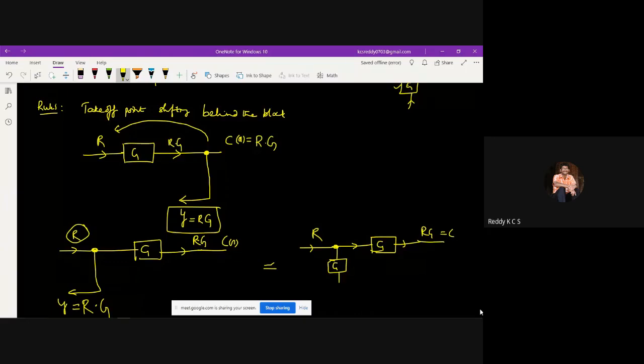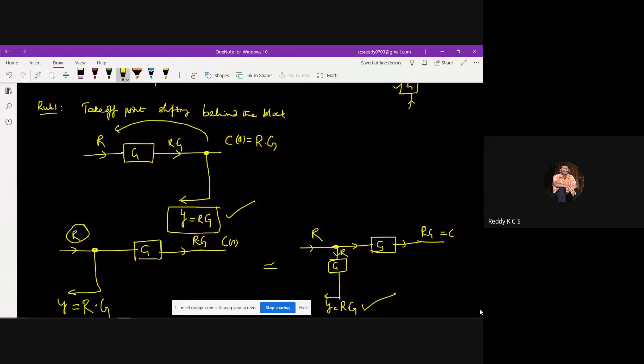Similarly, here this r should not change, that's why I should not add in this line, I should add only in this line. So from here, the takeoff is going to be r only, so I add g in this signal, and then y will become r into g. So now I have not changed the output of the feedback signal.